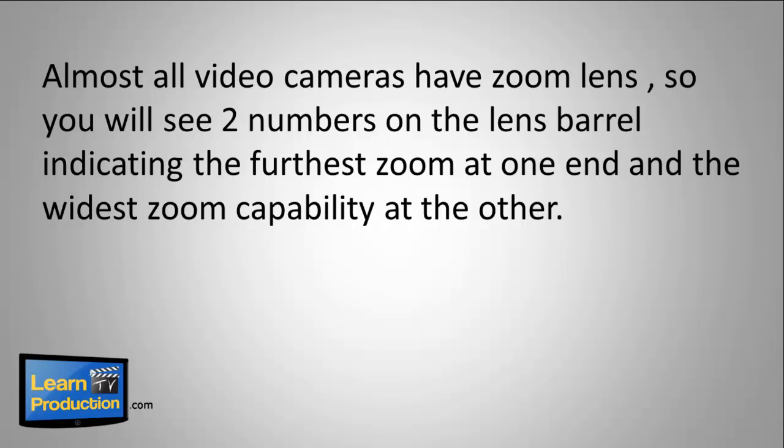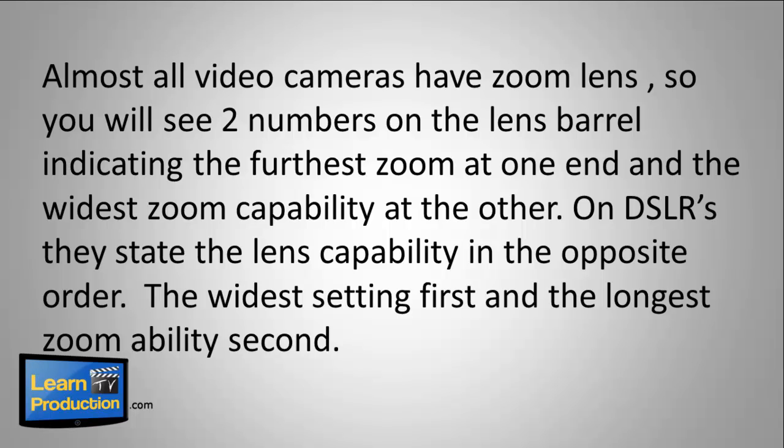Almost all video cameras have zoom lenses, so you'll see 2 numbers on the lens barrel indicating the furthest zoom at one end, meaning how far the camera can zoom in on something, and the widest zoom capability at the other end. On a DSLR, they state the lens capability in the opposite order. The widest setting first, meaning how wide the camera can get, and then the longest zoom ability is the second number.